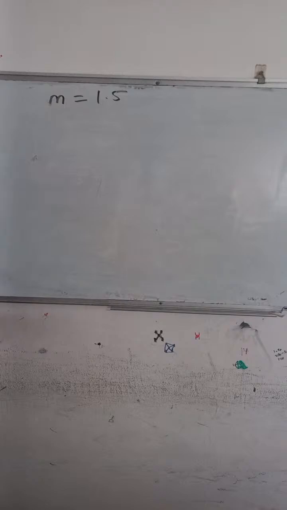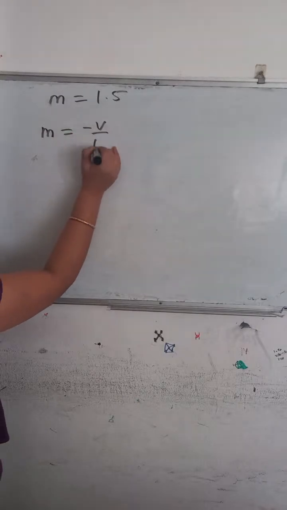Magnification is 1.5 here. So for a mirror we can write magnification as minus V by U.